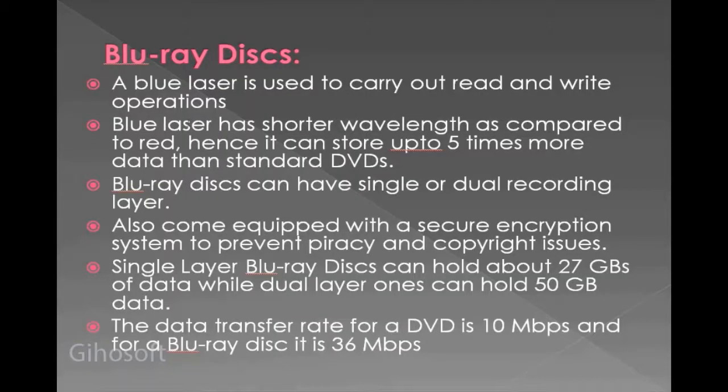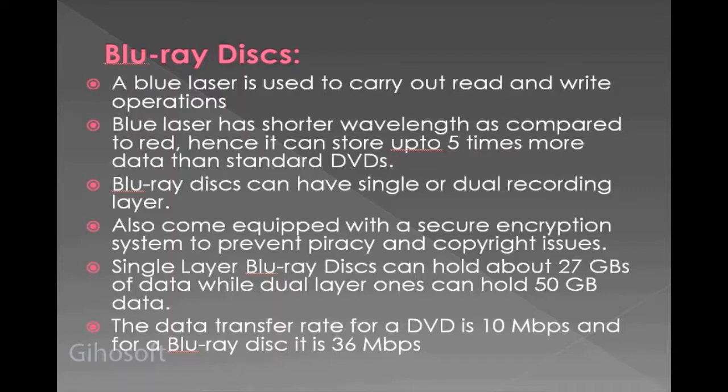Next we have is a Blu-ray disc. Now in a Blu-ray disc, instead of a red laser, a blue laser is used to carry out read and write operations. Why do we do that? Because blue laser has a shorter wavelength as compared to red, hence it can store up to 5 times more data than standard DVDs.